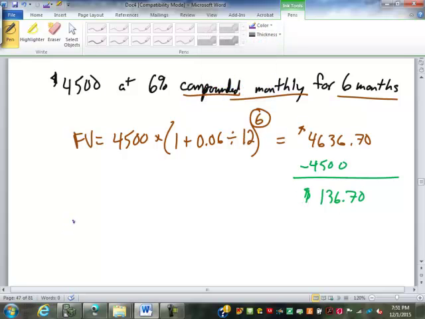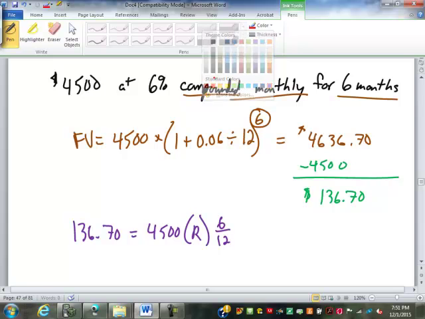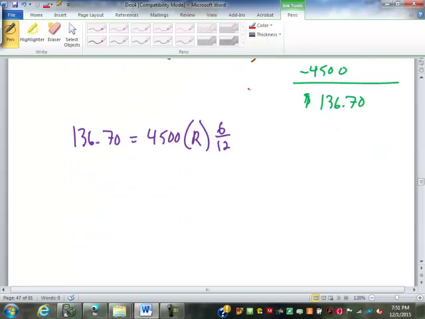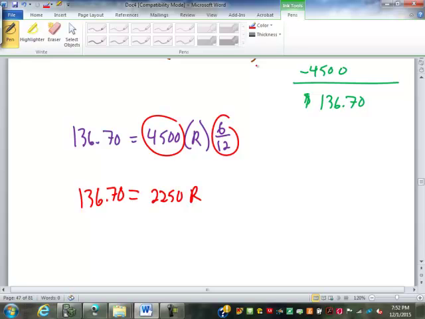So now our effective rate: 136.70 equals 4,500 times R times 6 months, which is 6/12 of a year. We combine our 4,500 and 6/12 to give us 2,250 times R, and we divide by 2,250.